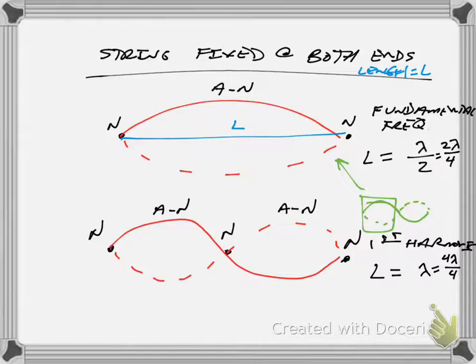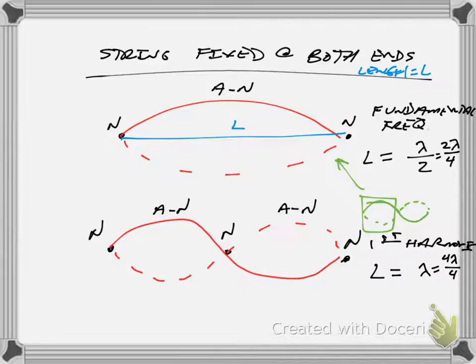And I'm just going to rewrite these fractions in terms of fourths, and you'll see why later. But for the fundamental frequency for a string fixed at both ends, it's then 2/4 of the wavelength, and the first harmonic will be one wavelength, or 4/4 of the wavelength.